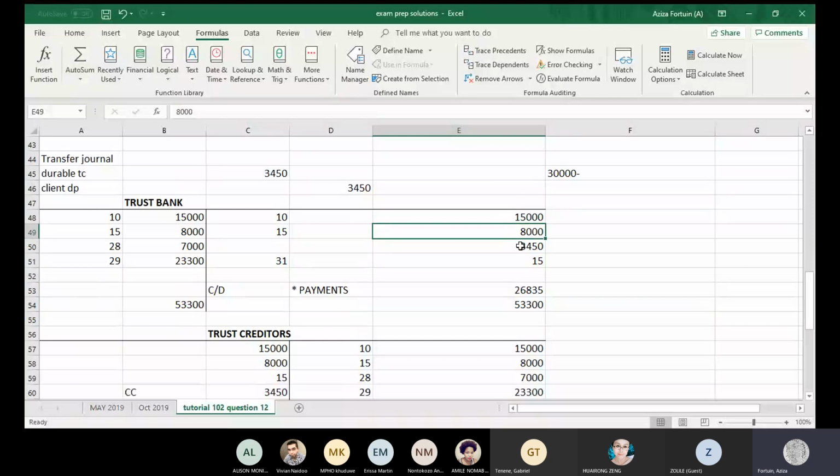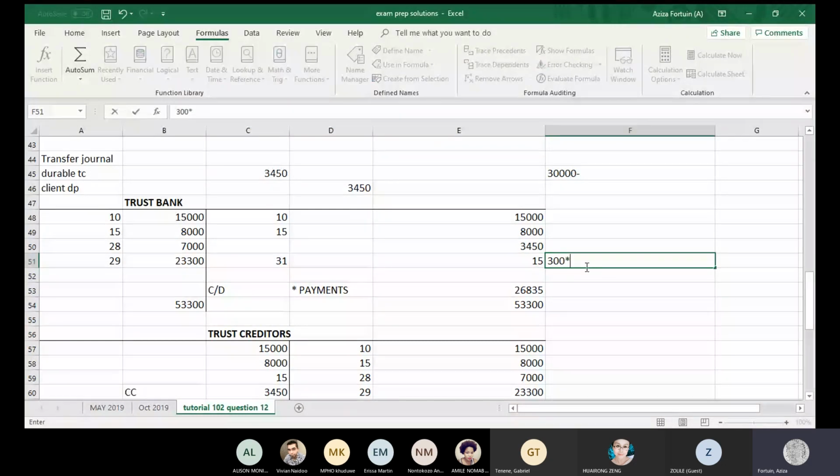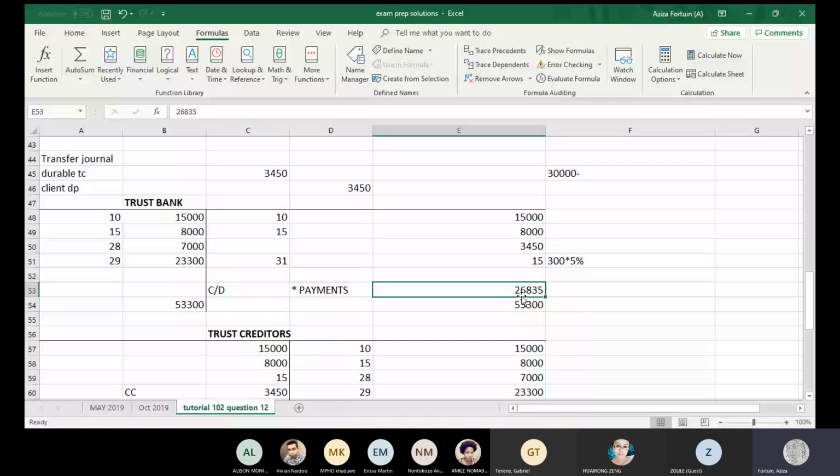On day 15, the 8,000. Also, the 3,450 is also paid out of our trust bank account. The 15 Rand is the 300 Rand interest times 5%. Let me just write here 300 times your 5% for your legal fidelity fund. Right? And the balance, these are also still payments.